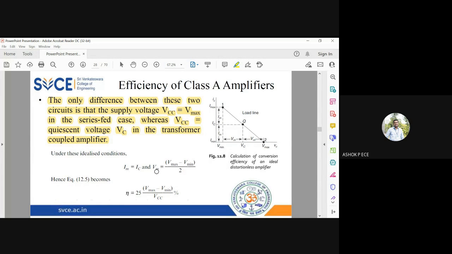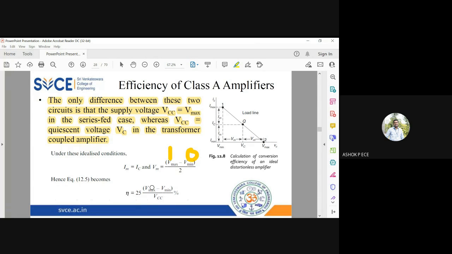So I can write Vm equal to Vmax minus Vmin by 2. You know Im equal to Imax minus Imin by 2. Vmax will be equal to VCC, V minimum is 0, and Imax is going to be equal to IC. If you do all these simplifications, your efficiency expression becomes eta equal to 25 into Vmax minus Vmin by VCC.